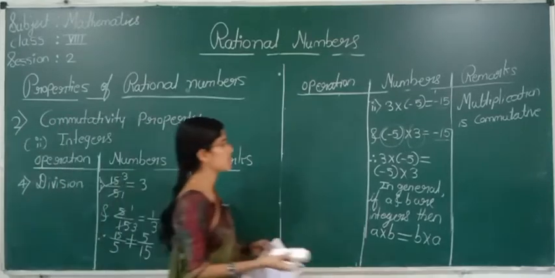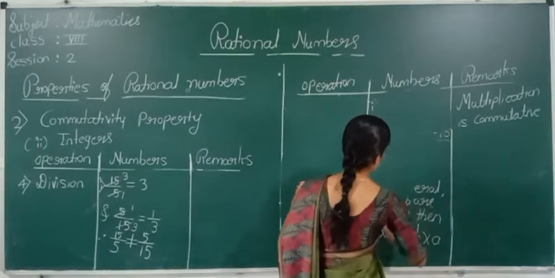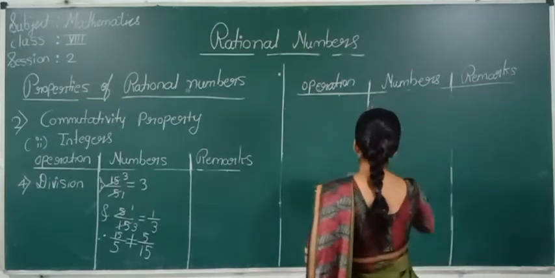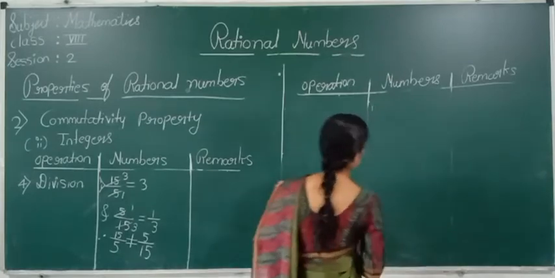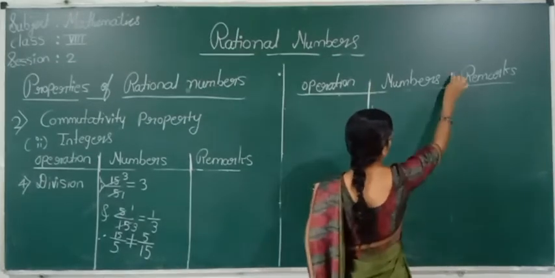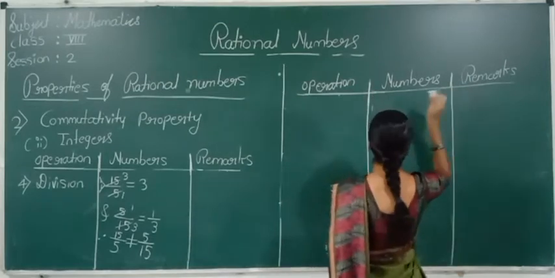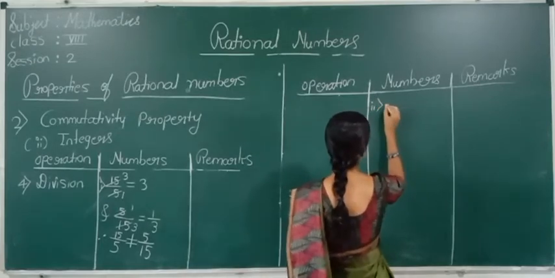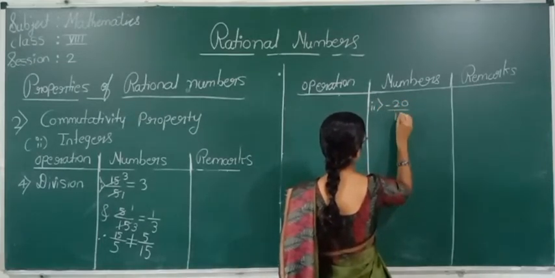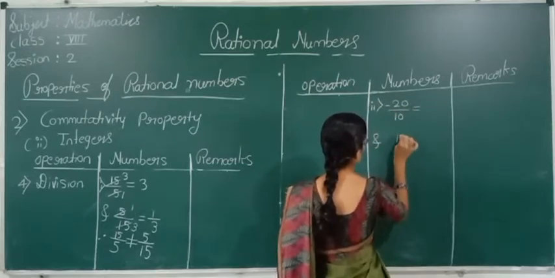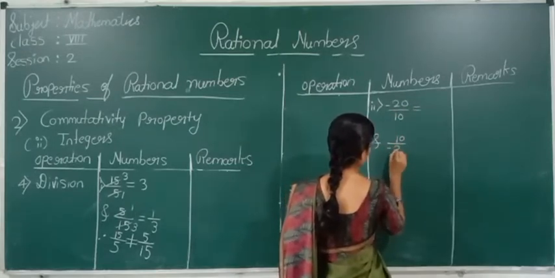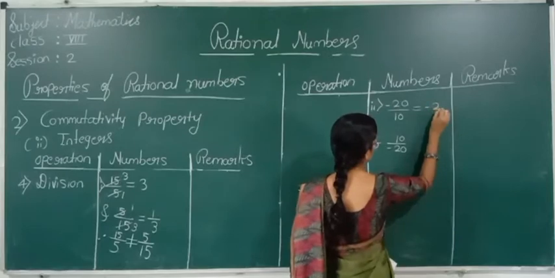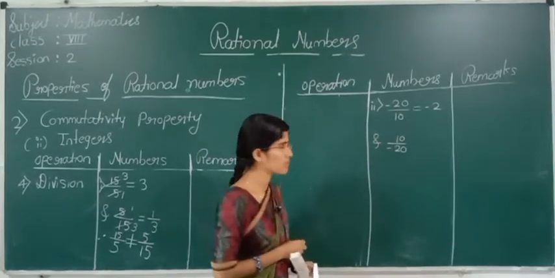We will consider one more example for this. So example number 2, minus 20 by 10 and 10 by minus 20. Are these both the same? Now see here, minus 20 divided by 10 is minus 2, right?